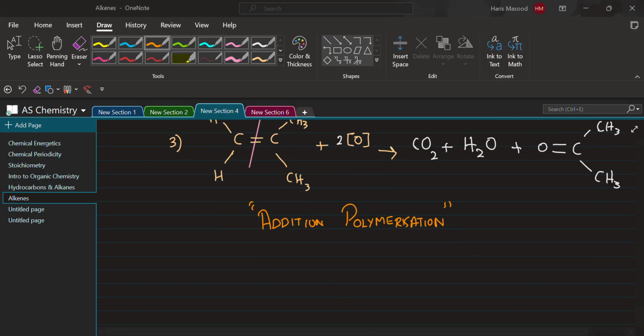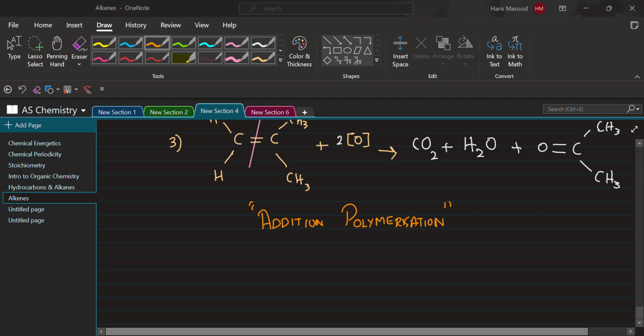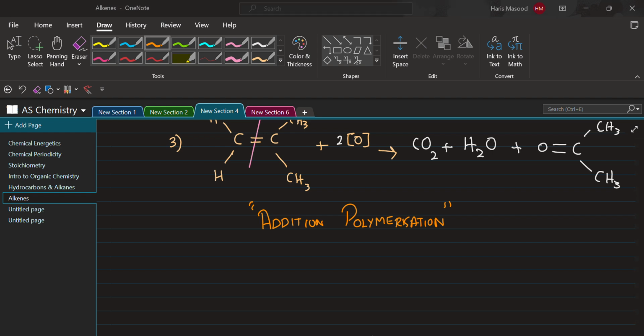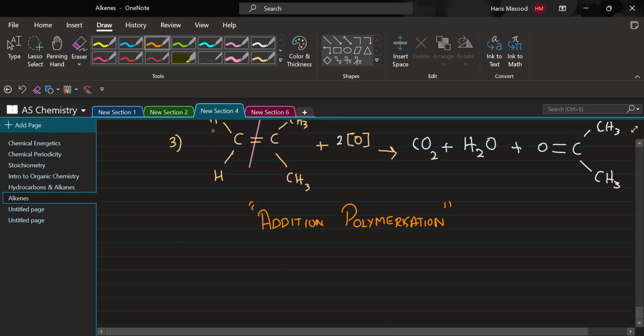So addition polymerization, basically we are trying to make a polymer. Polymers are, if we look closely, long chains of molecules that are made by repeating units. Okay, and the repeating units we call monomers. So polymer, I'll just write the definition here.